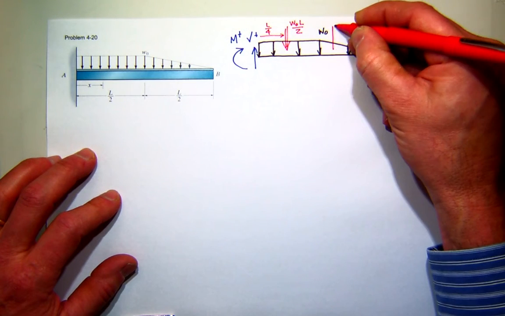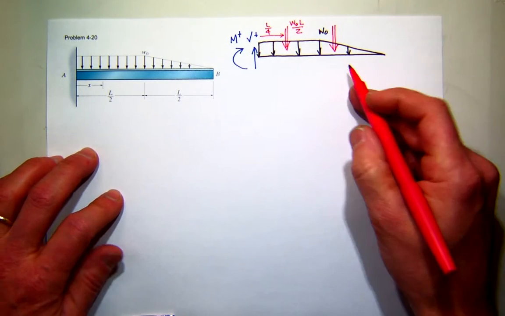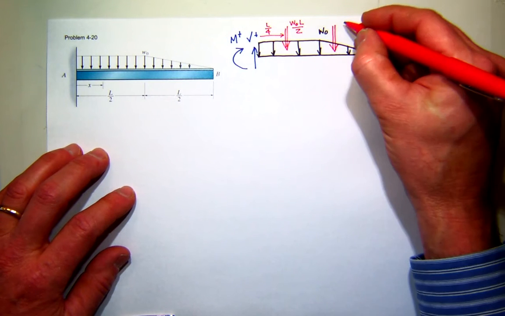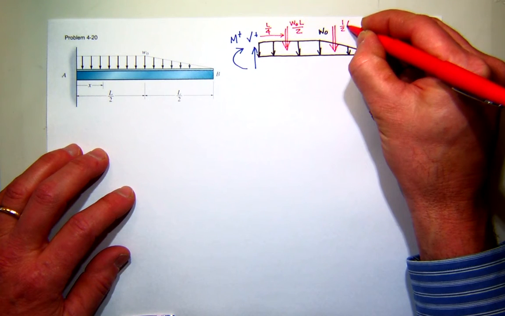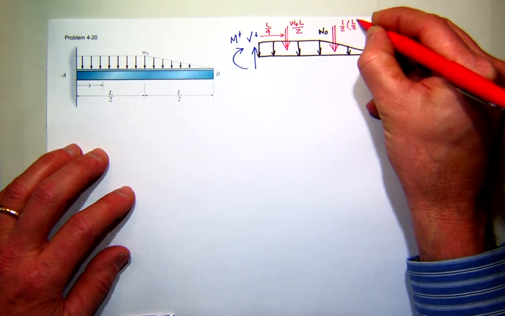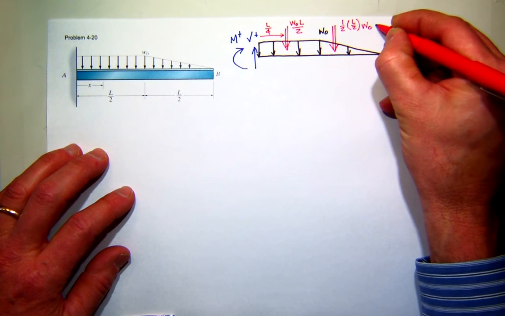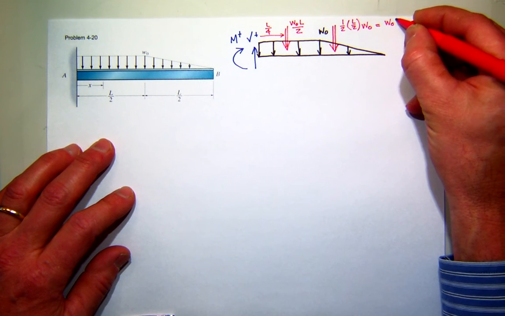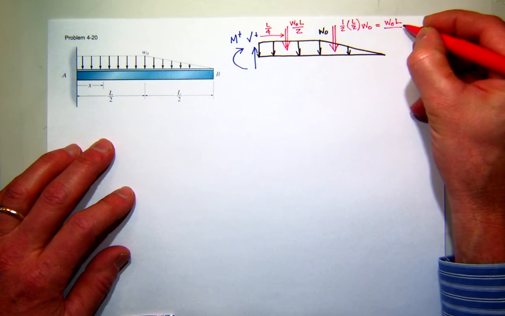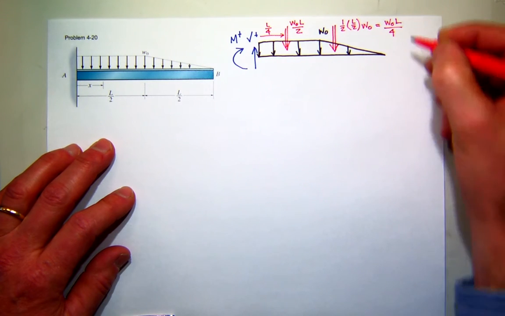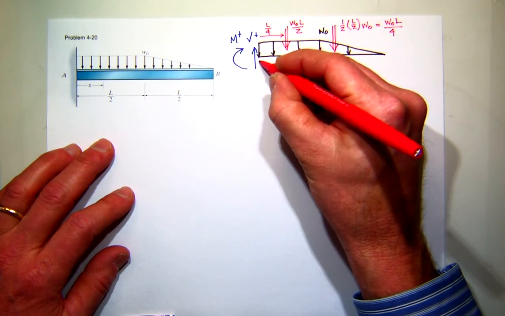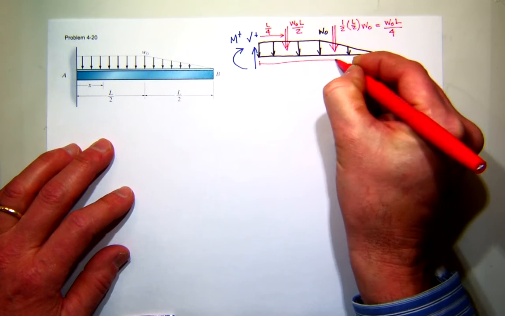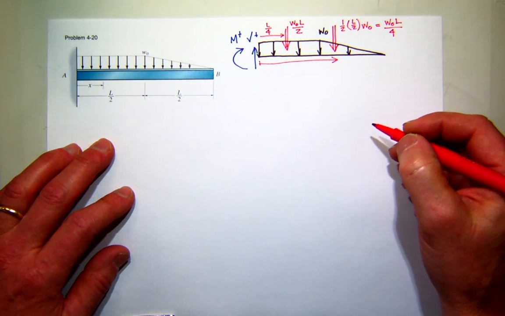And then I'll have the concentrated equivalent of the triangular section, which is 1/2 the base, L over 2, times the height, and you can see I get W naught L over 4. And what's the distance to there?